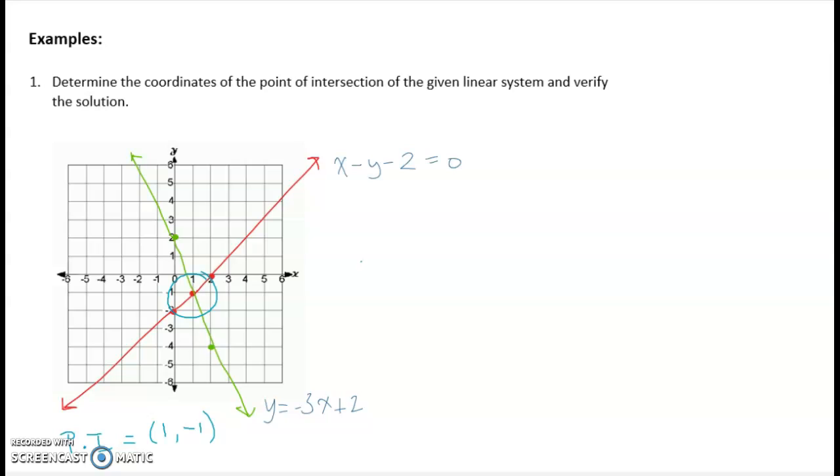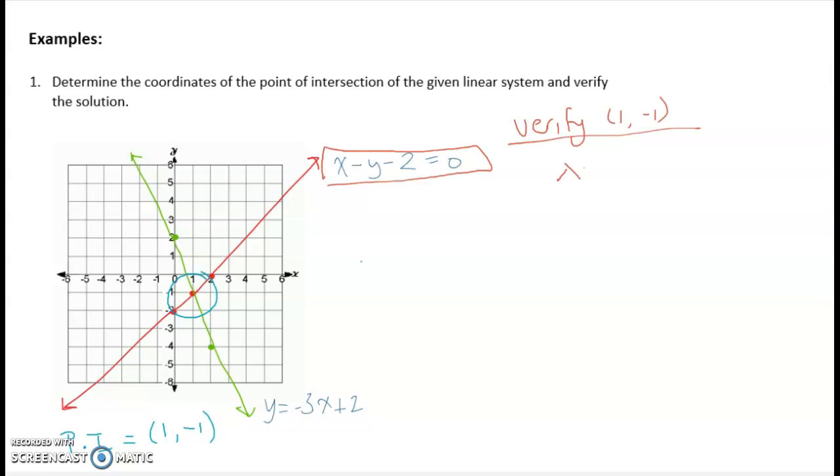Okay, so we're going to verify that these actually work. So I'm going to change my color to red for the red line. Okay, so this one I'm going to verify that 1 and -1 works on this red line.